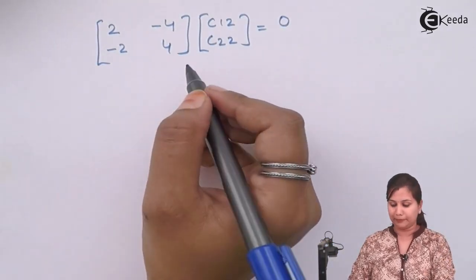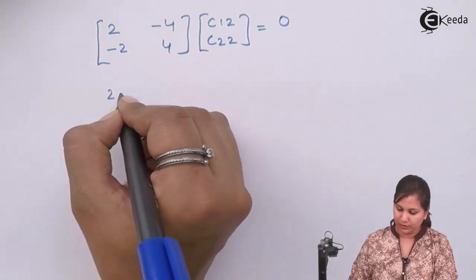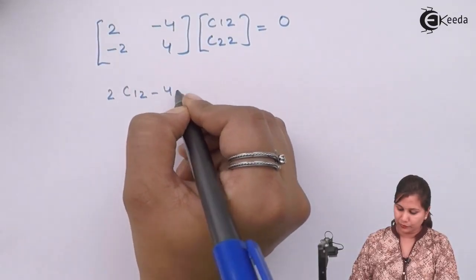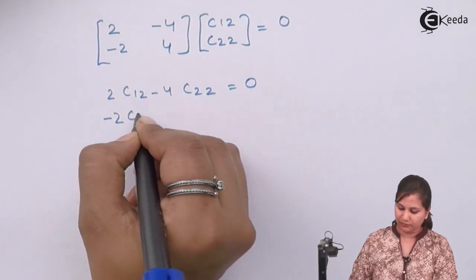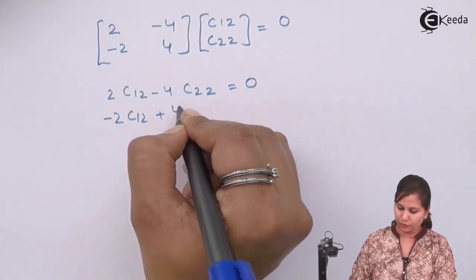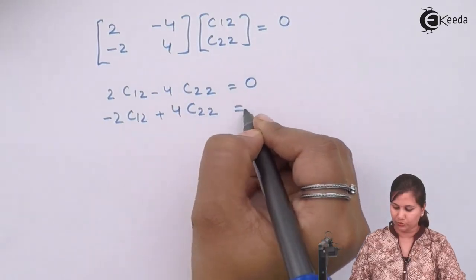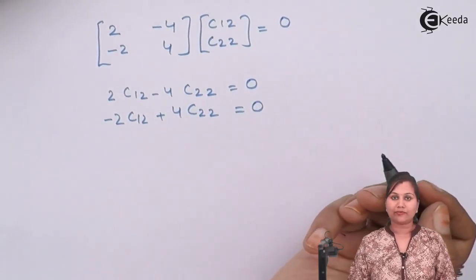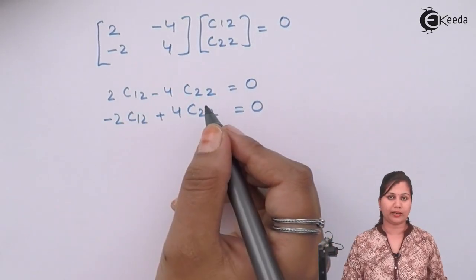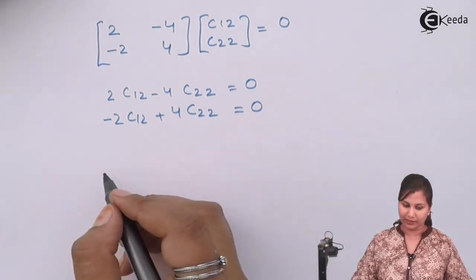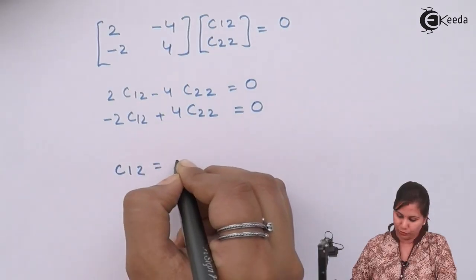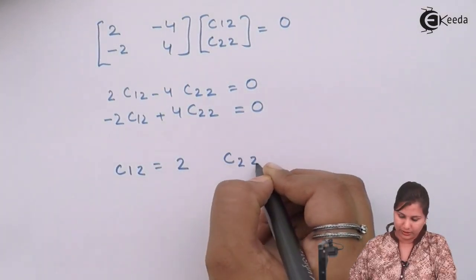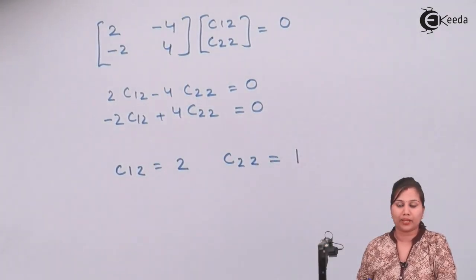So just multiply this, we will have 2 C12 minus 4 C22 equals to 0, and minus 2 C12 plus 4 C22 equals to 0. We have two equations, two unknown variables, so we can easily find out the values. So C12 will come out to be 2 and C22 is equal to 1.